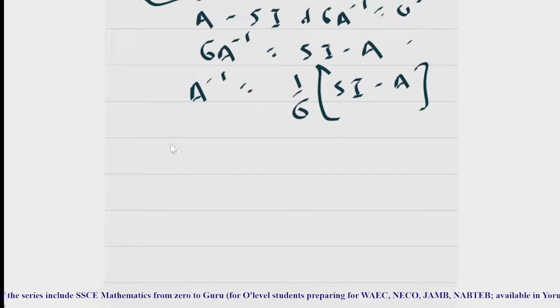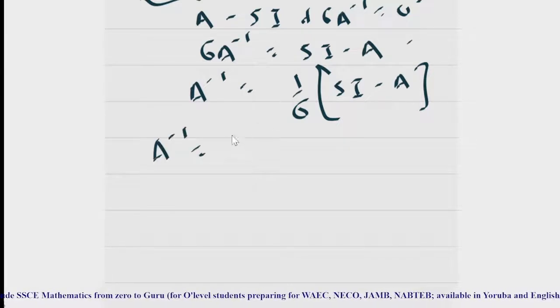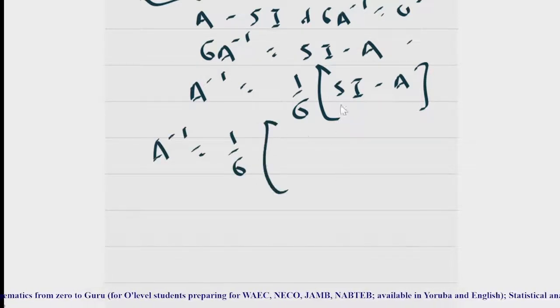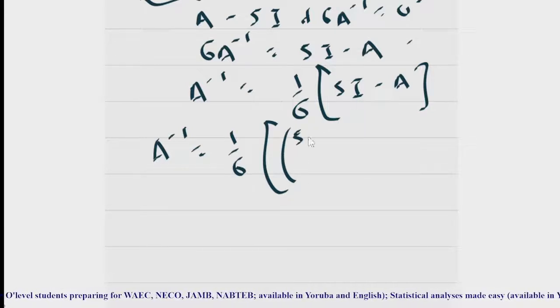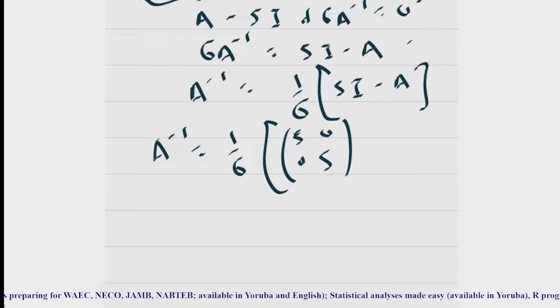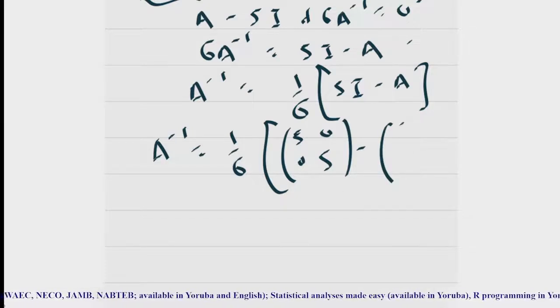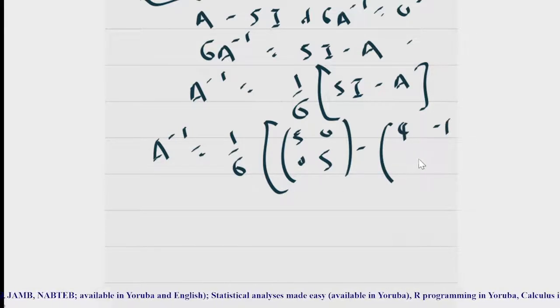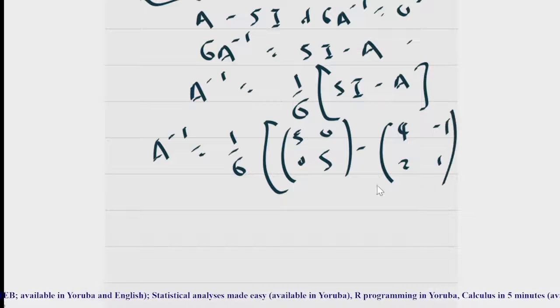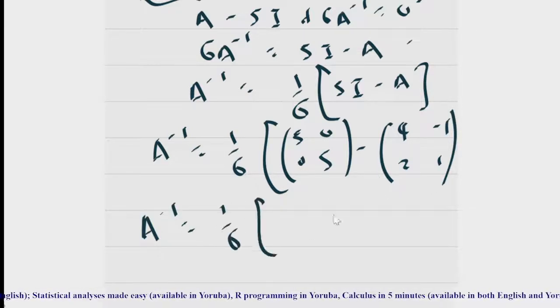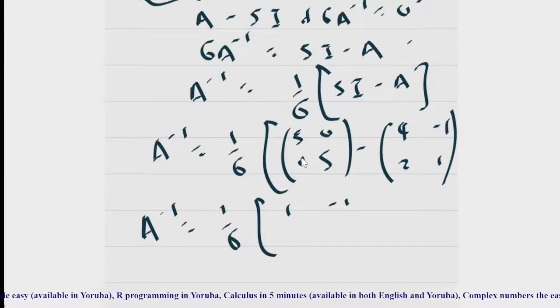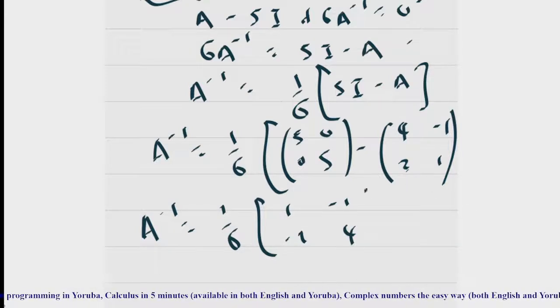So if you now proceed, your A inverse will now be 1 over 6. Since this is a 2 by 2 matrix, 5 times I will be 5, 0, 0, 5. Then minus A, what's our matrix A? 4, minus 1, 2, 1. So then you are going to have A inverse to be 1 divided by 6 times 1, 1, minus 2, 4.